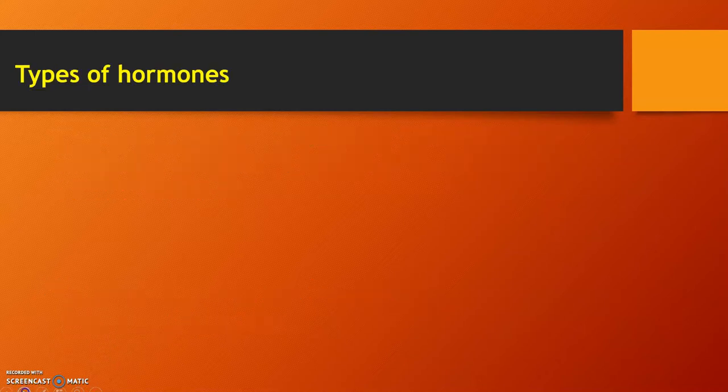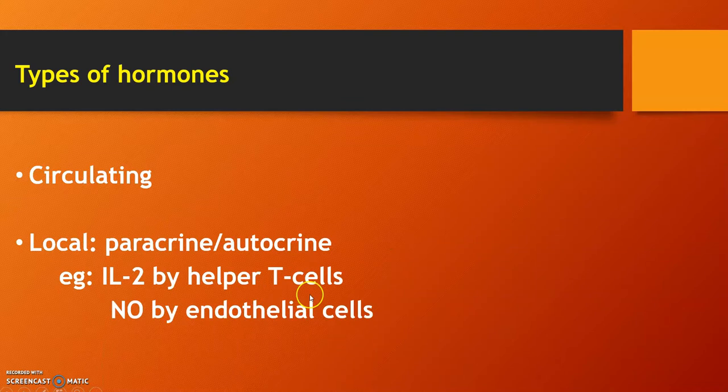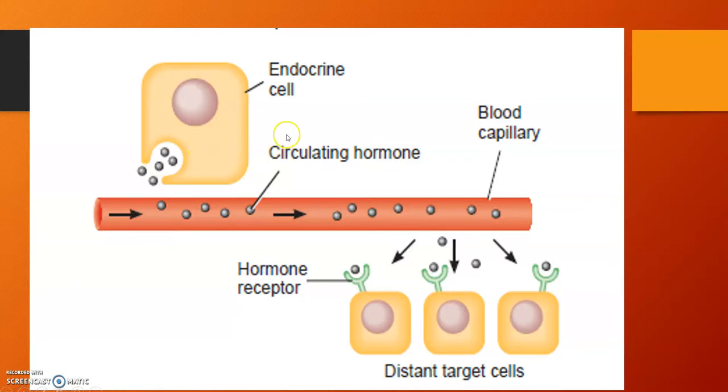Let us see the types of hormones here. There are circulating hormones, which are freely circulating in the bloodstream, and we also have local hormones, which show paracrine or autocrine effects. Examples are interleukin-2 by helper T cells and nitric oxide by the endothelial cells. Now let us see what circulating hormones are.